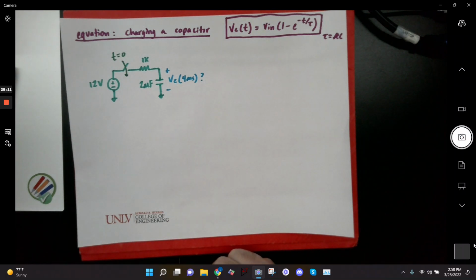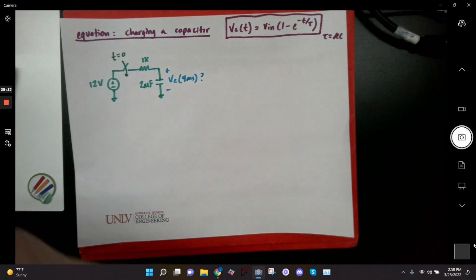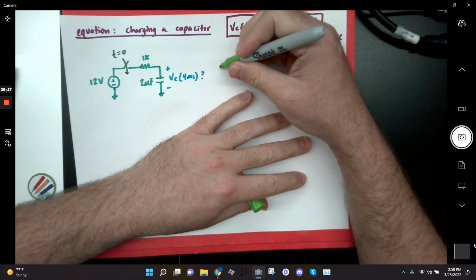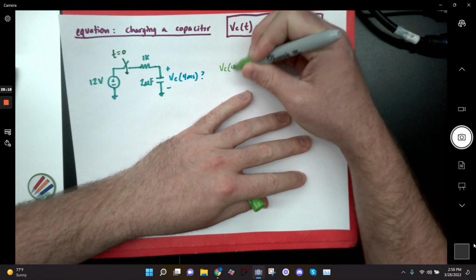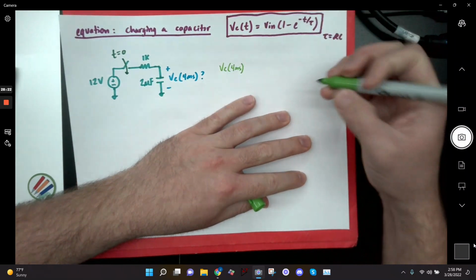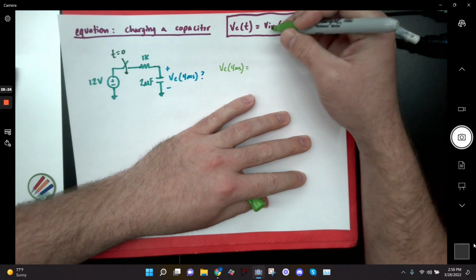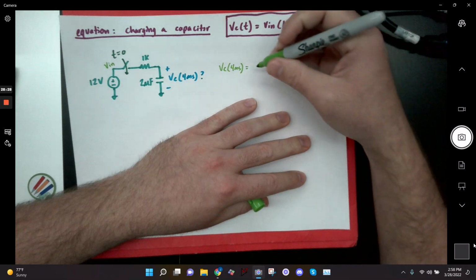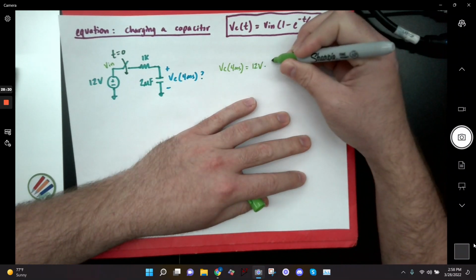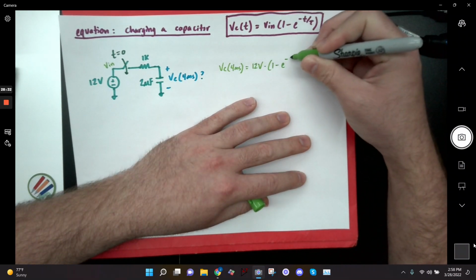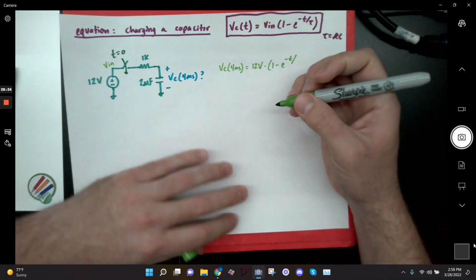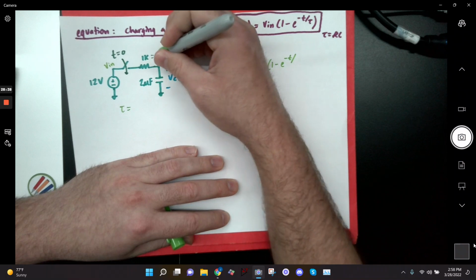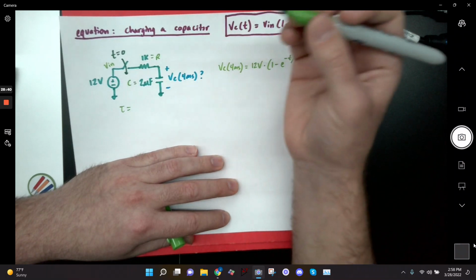So what I would do is I would say, okay, Vc of 4 milliseconds is equal to, what's V in? Let's determine our time constant, tau. It's going to be R times C, right? That's it.